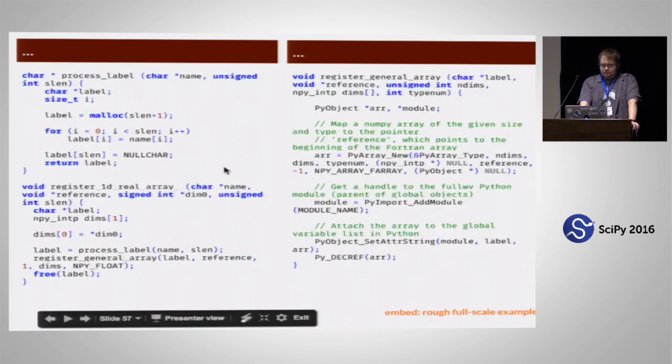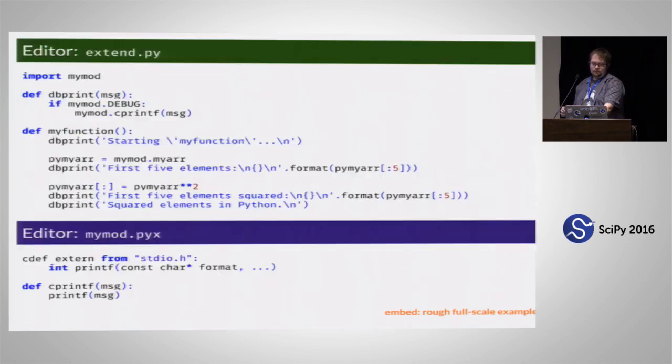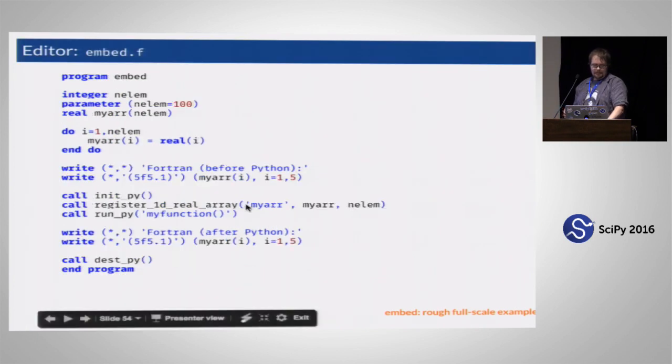So then there's some code for handling string conversion. But the real trick is this way of registering an array. So what you can do is, when you call this from Fortran, you give it a name, and you give it a Fortran variable, which is like a pointer. So it's pointing at the location in memory where this data is.